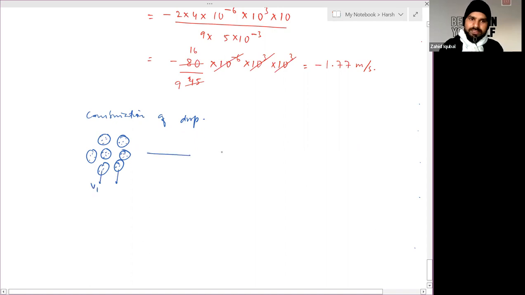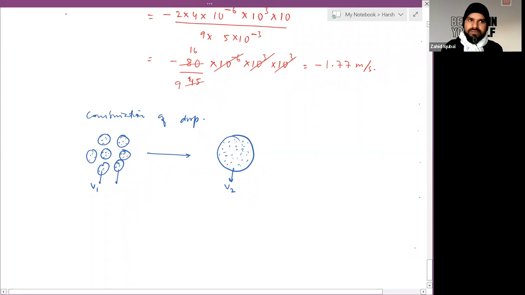If they combine together to form a single large drop, you'll be asked what will be its new terminal velocity on combining, let's say V2. So what will be the relation between V1 and V2?